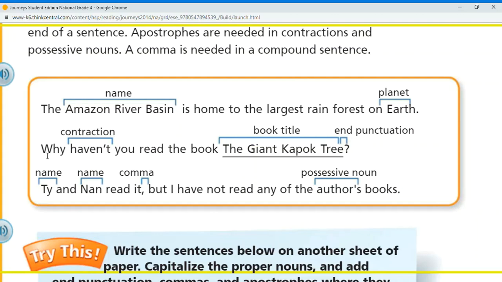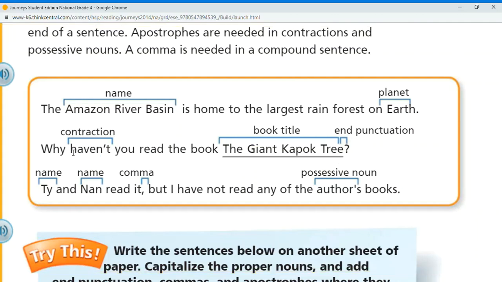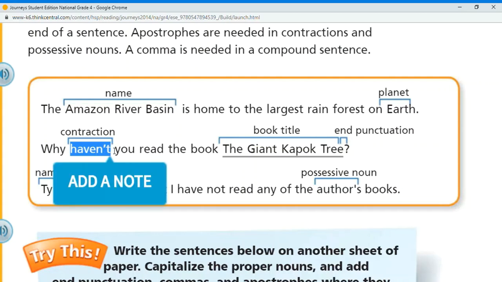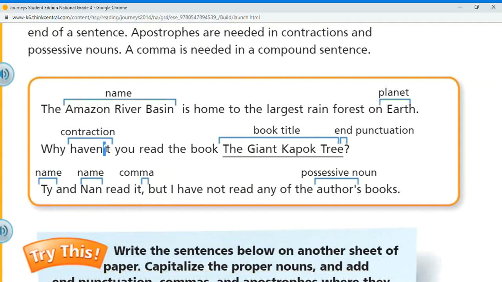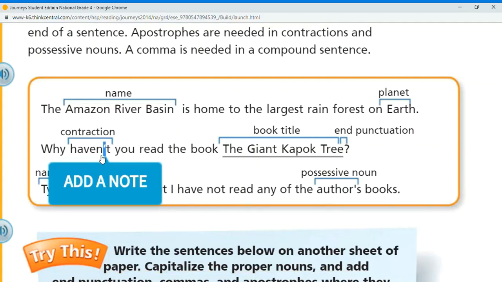The second example, guys, haven't you read the book The Giant Kapok Tree? So here, guys, we have a contraction. Instead of saying have not, we said haven't. Okay, so we have a contraction, and that's why we used an apostrophe.